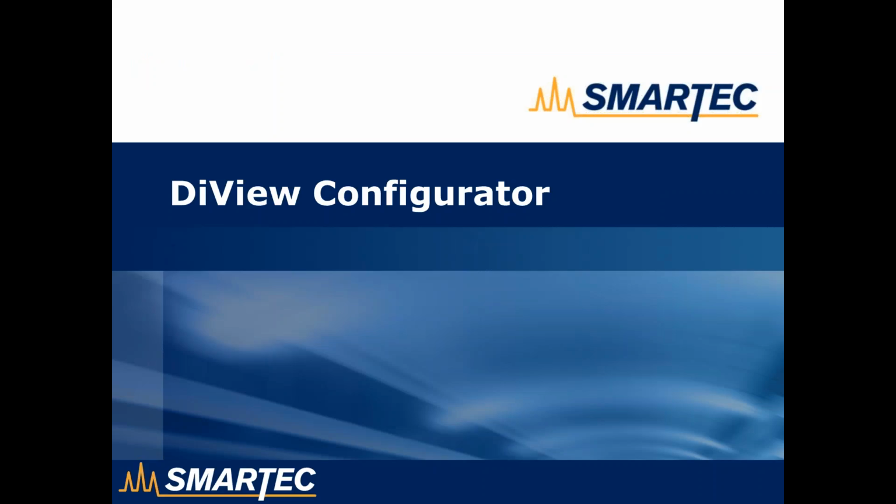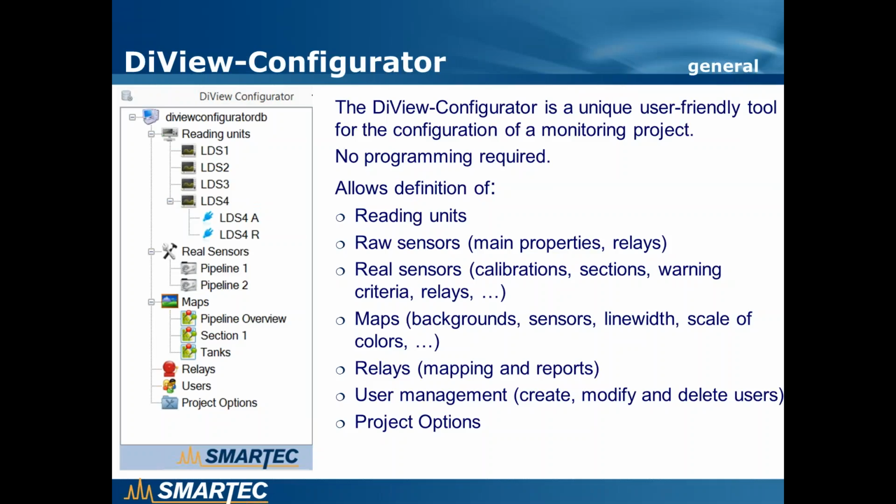The DiView Configurator is a unique user-friendly tool for the configuration of the monitoring project. No programming is required, and it aims to be a real user-friendly tool. It allows the definition of reading units, raw sensors that are connected to the reading unit, and then you can specify the main properties like timeout, and what are the relays controlled in case of a problem on the raw sensor.